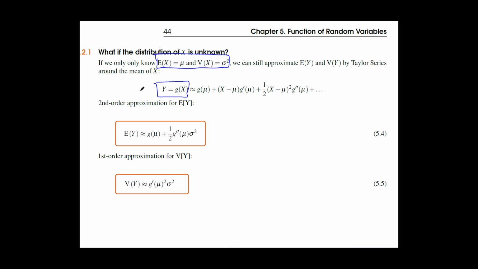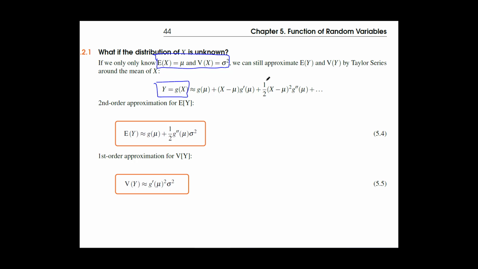All right, so it turns out we can do this approximation using Taylor series. Now, this is the Taylor series approximation. Hopefully you remember it from calculus. So this is the 0th order, 1st order, and 2nd order approximation, and then you have more terms.